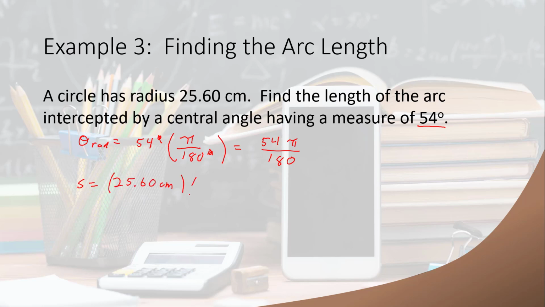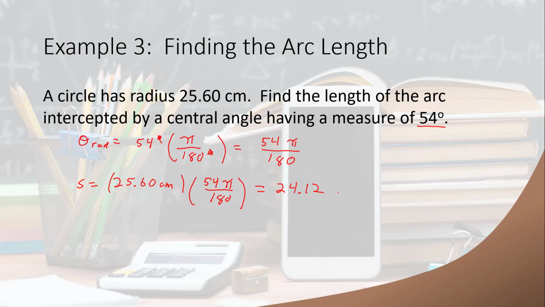And now we're going to multiply that by 54 pi over 180. And if I put that into the calculator, I'm going to get 24.12. And actually, since the radius is to 2 decimal places, and there's nothing specified, I'm going to put my answer down in 2 decimal places.